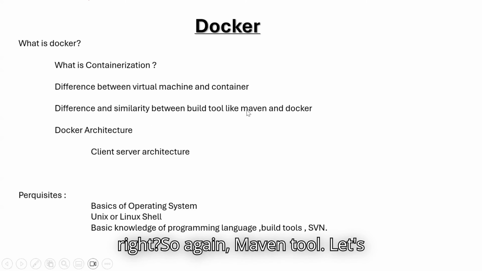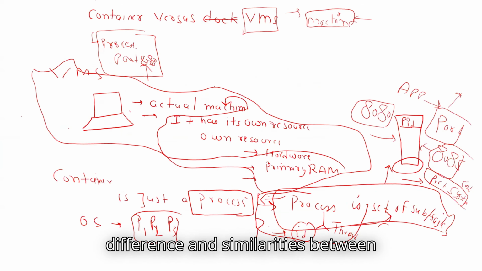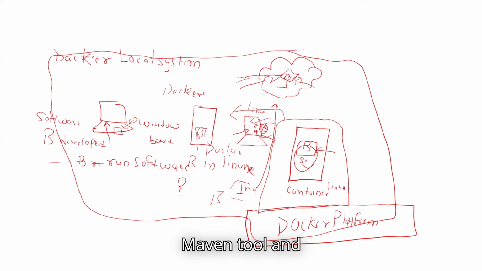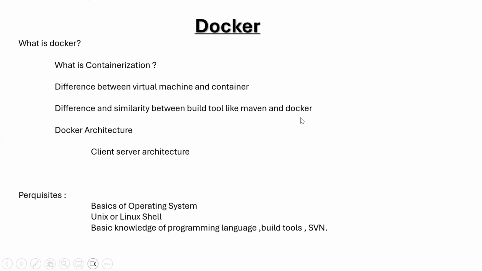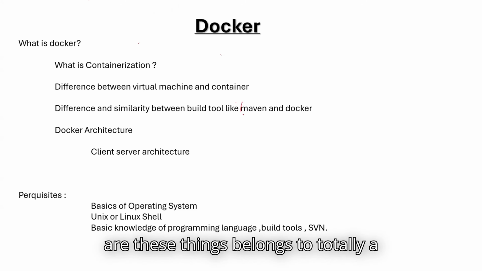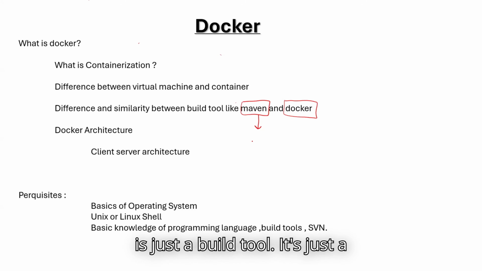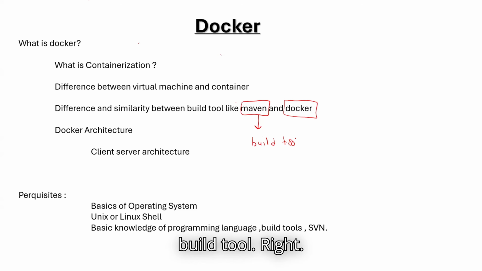So again, the Maven tool. Let's talk about this also. What is the difference and similarities between the Maven tool and Docker? See, although Maven and Docker belong to totally different families, Maven is just a build tool, right?